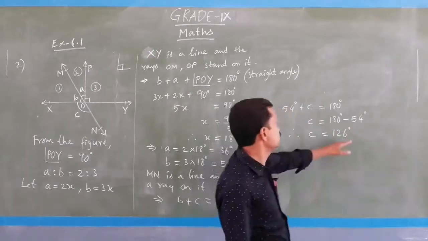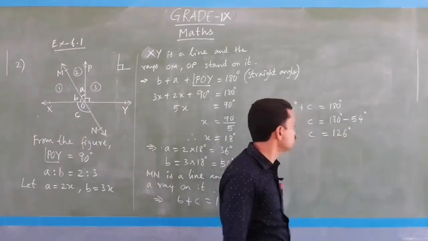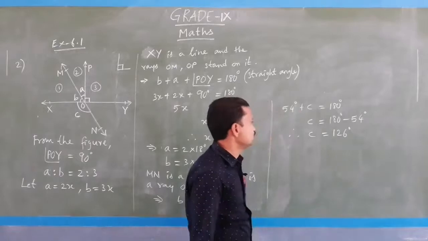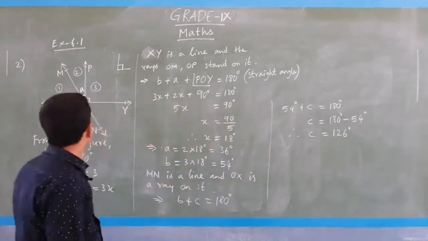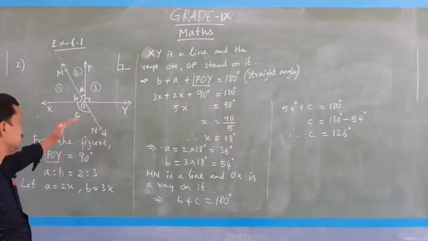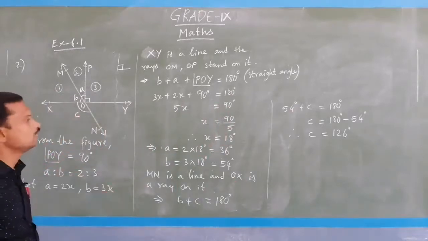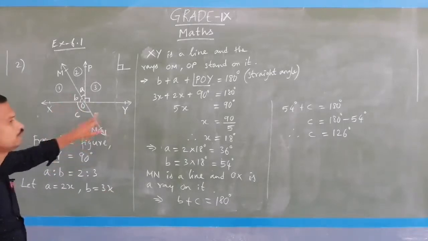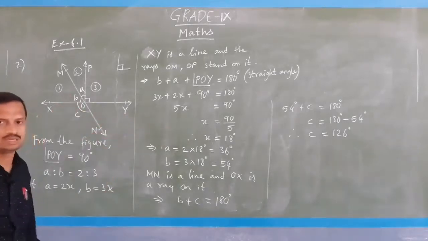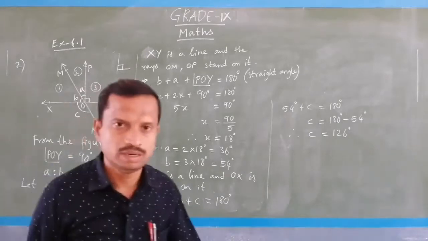So, if you add, you get 180. So, the first aim is to find A and B, and then with the help of that B, we can find angle C. Clear? So, we move to the next question.